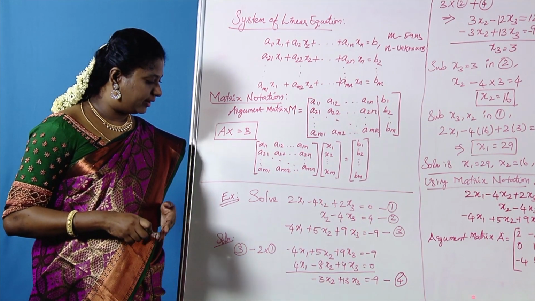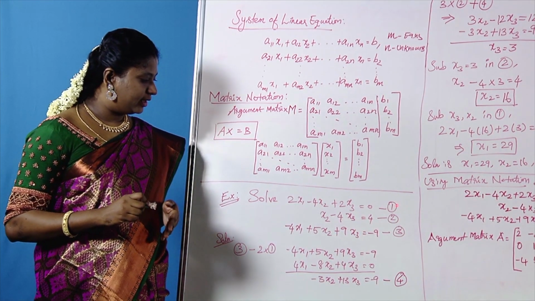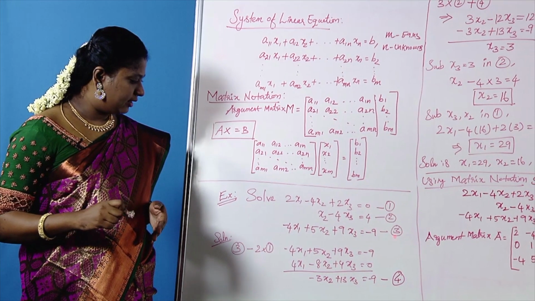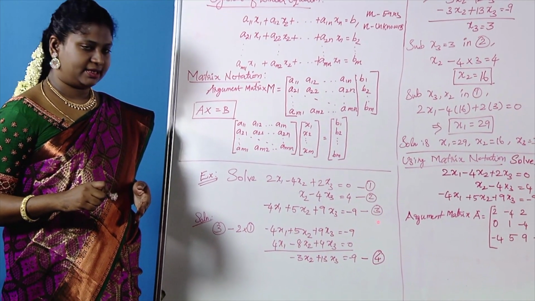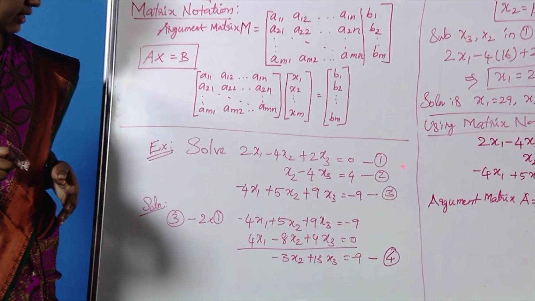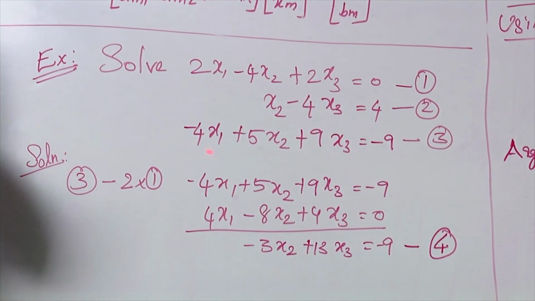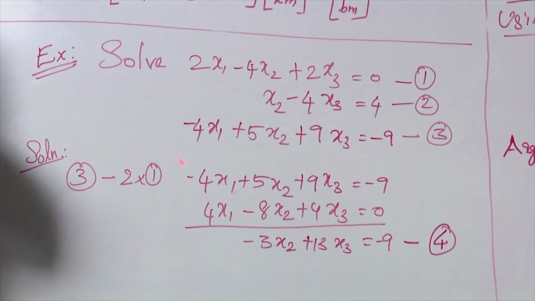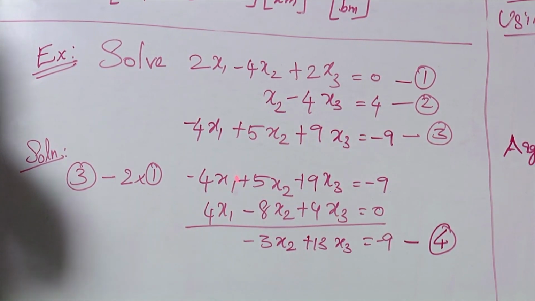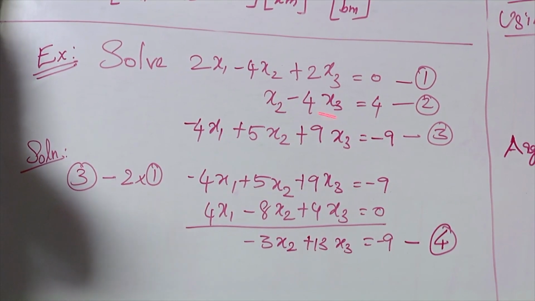Now I am going to consider the first equation and the third equation. I am going to multiply the first equation by 2 and add it to equation 3, so that the x1 variable gets eliminated from the third equation.